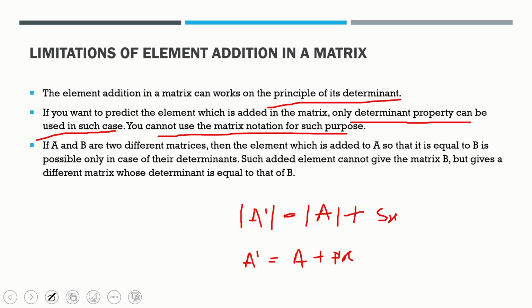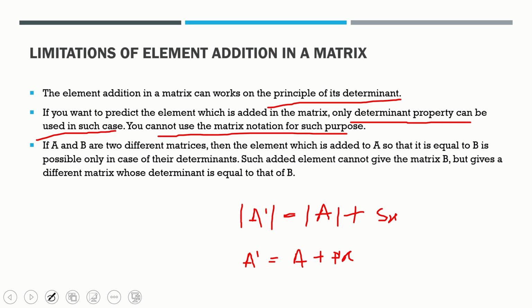But you can observe that your predicted values are not the same. If you subtract A dash and A, each element should be the same. Then only you can calculate the X value from the matrix addition, but such possibilities are rarely imaginable.